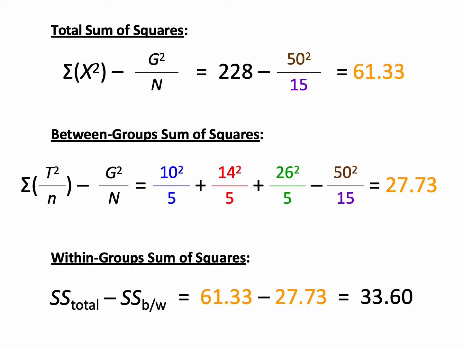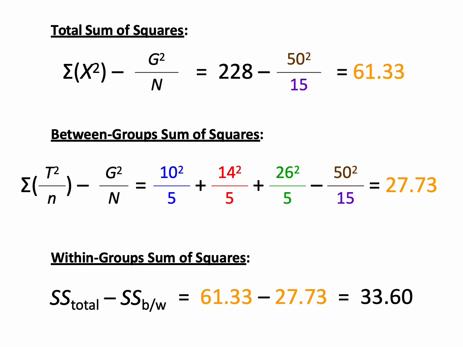So to calculate the total sum of squares, we're going to take our sum of squares minus G squared over N. And again, don't get intimidated, because we know what all those values are. All you have to do is flip back to the previous slide to plug in those values.